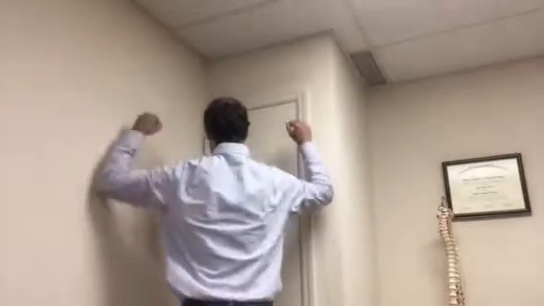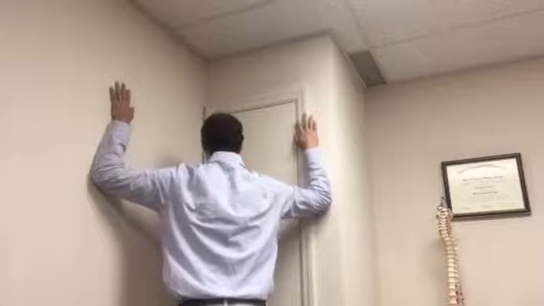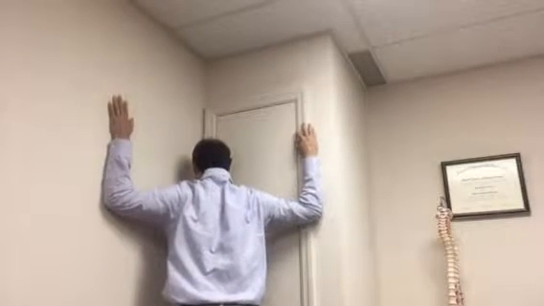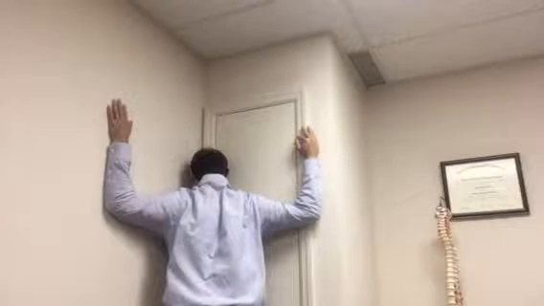Usually the back of a door works really well. Shut the door. Arms are going to go up at 90 degrees here, and I'm going to lean in and try and touch my nose to the corner. Usually what I'll have people do with this is hold it about 3 seconds and do 10 of them.